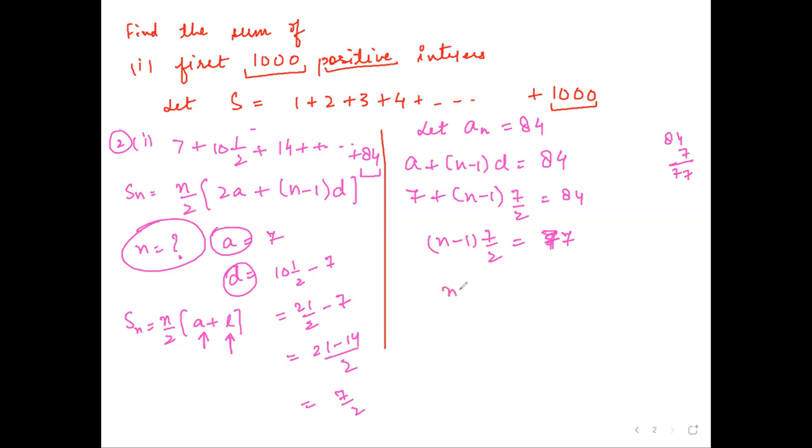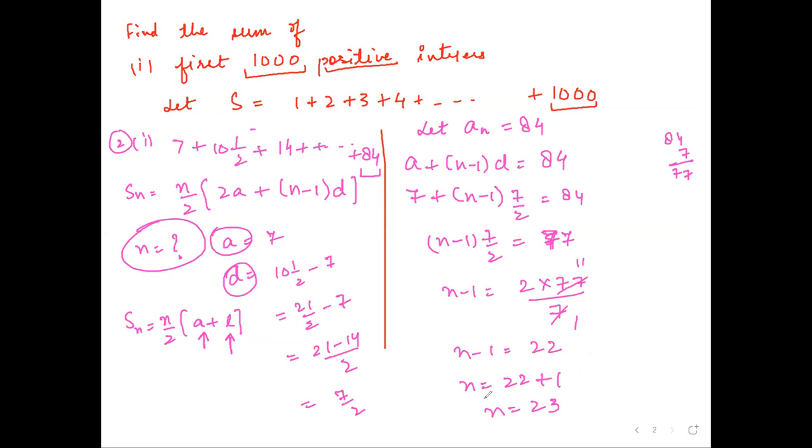Okay. So N minus 1 will be 2 into 77 divided by 7. Simplify this, it goes 11 times. So N minus 1 will be 22. N will be 22 plus 1, so N is equal to 23. Is this okay?